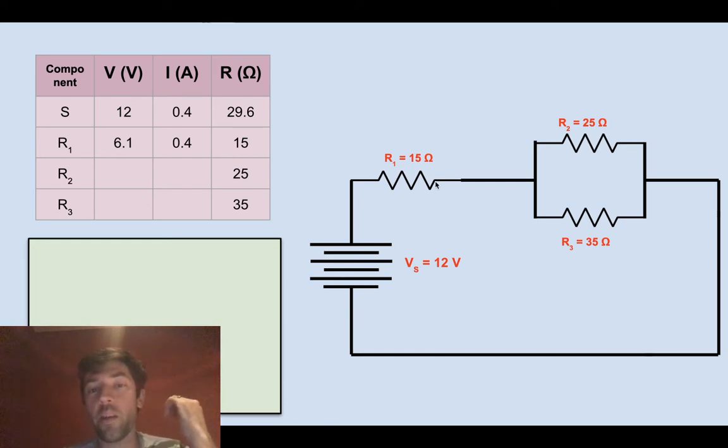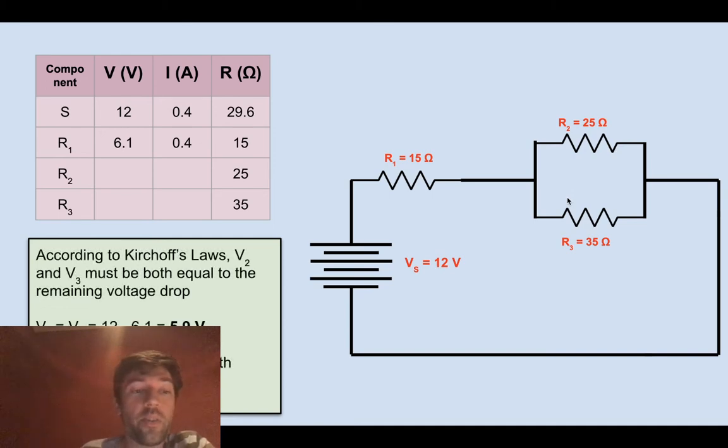So each electron coming out of resistor 1 has 5.9 volts left to drop off. And remember that it's going to deposit all of its volts by the time it gets back to the battery and refills its volts. So no matter which path the electrons take, they are going to drop off 5.9 volts at the resistor. And so the voltage V2 and V3 are both equal to 5.9 volts.